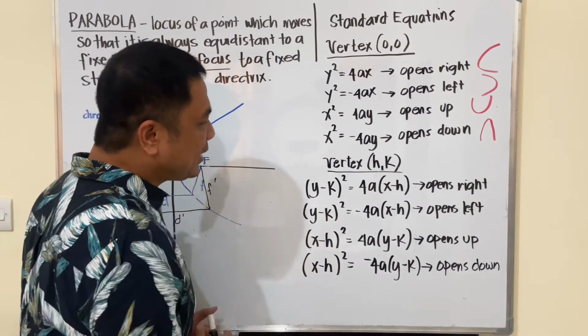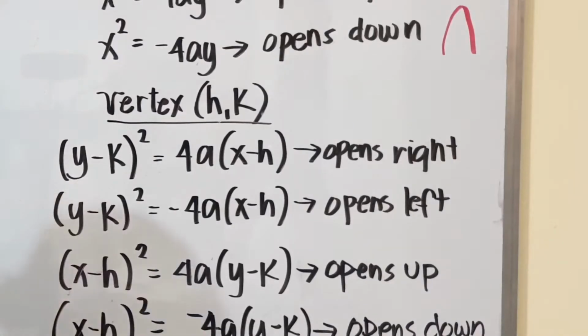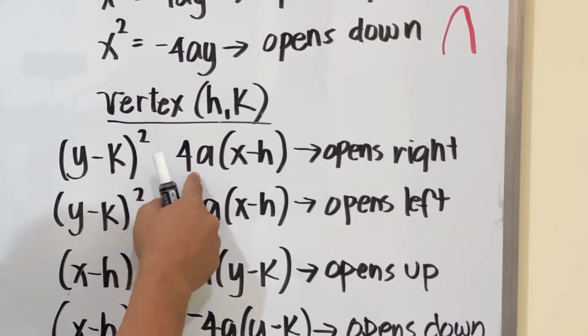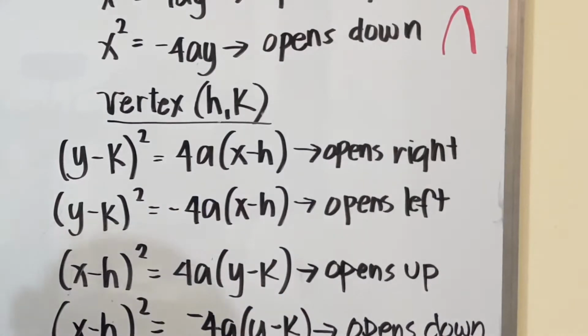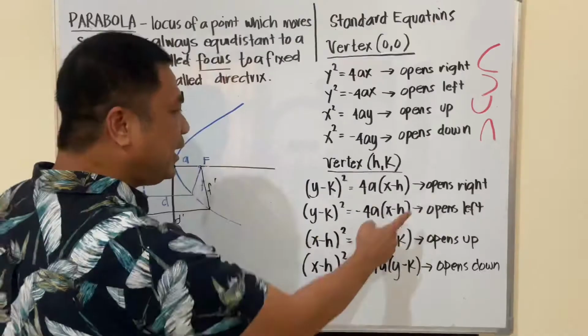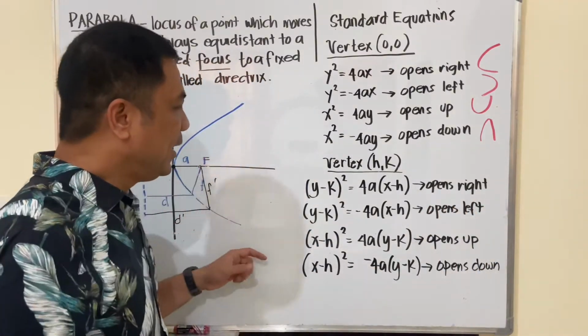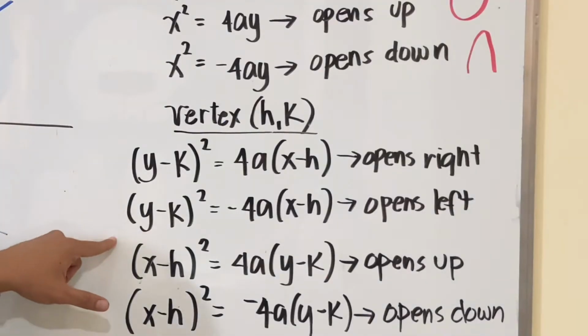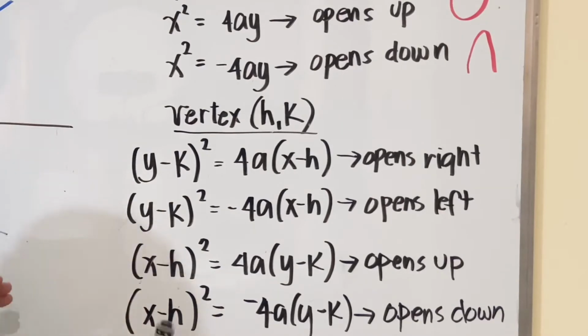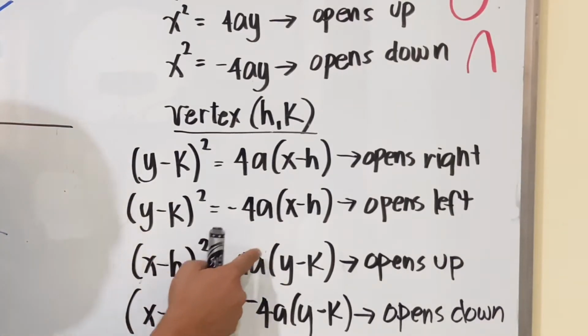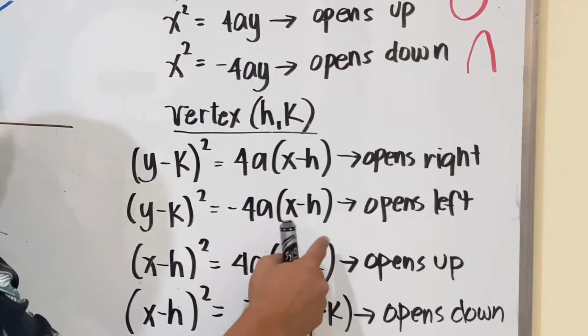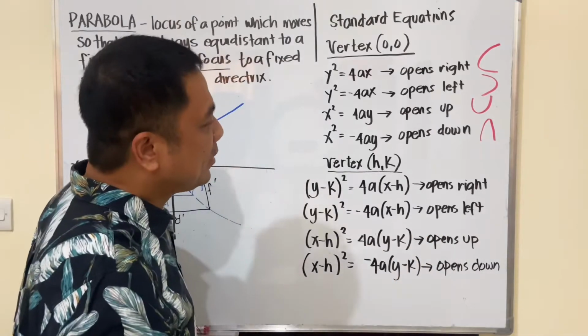So (y minus k) quantity squared is equal to 4a times the quantity (x minus h). Similarly, this is opening to the right. Again, the other equation here, (y minus k) squared is equal to negative 4a times the quantity (x minus h). This opens to the left.